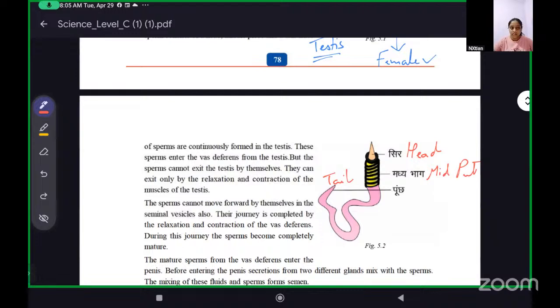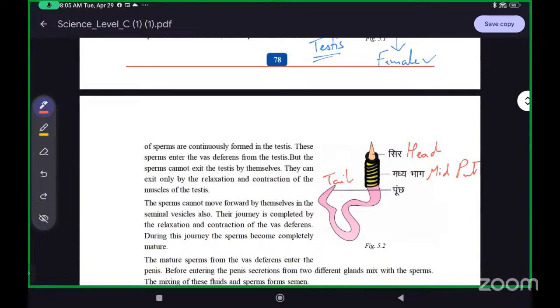Ma'am, are they multicellular or unicellular? Let me look that up. I guess they are maybe uni... No, they are unicellular.